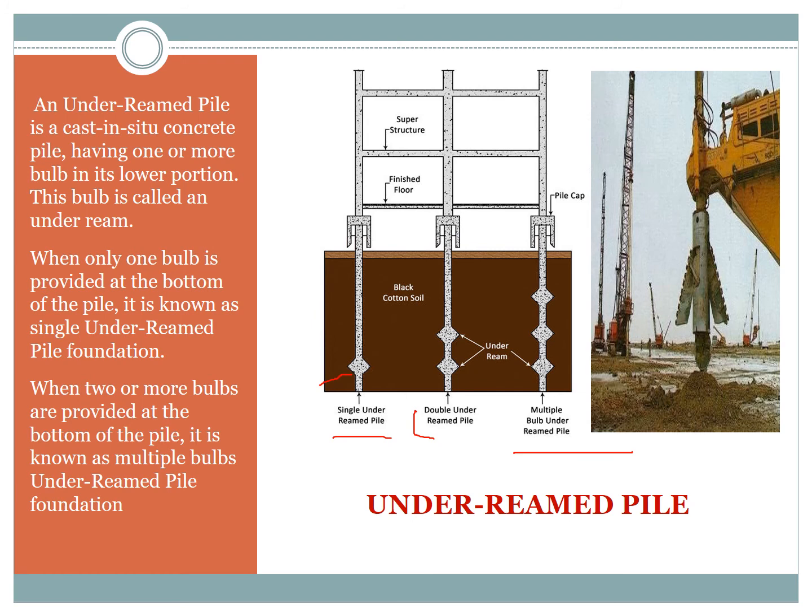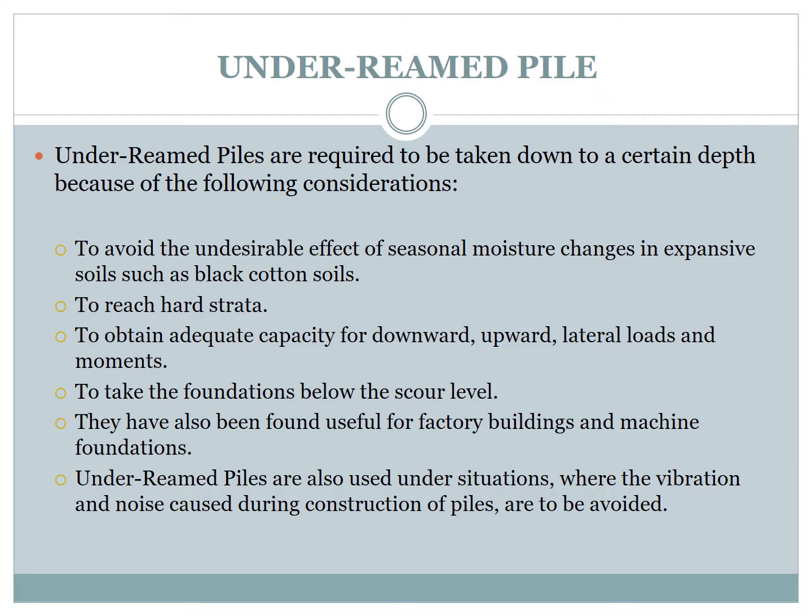When two or more bulbs are provided at the base, it not only increases the bearing capacity but also provides anchorage against uplift. Under-ream pile is used for black cotton soil, where seasonal volume changes affect the soil properties. Under-ream piles are required to be taken down to a certain depth because of the following considerations.